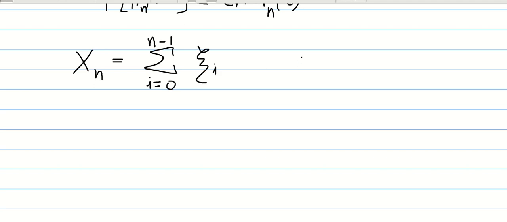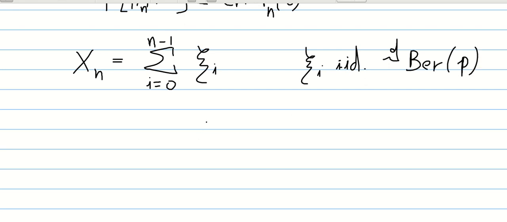Imagine, for example, that X_n is given by the sum, like we did in the martingales lecture, for i from 0 to n minus 1 of psi_i, where psi_i are IID random variables distributed according to Bernoulli(p). This is an example of a random variable that we are looking into in this part of the course.